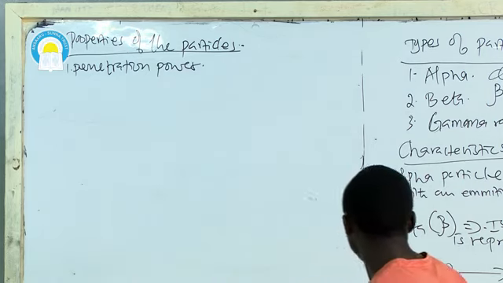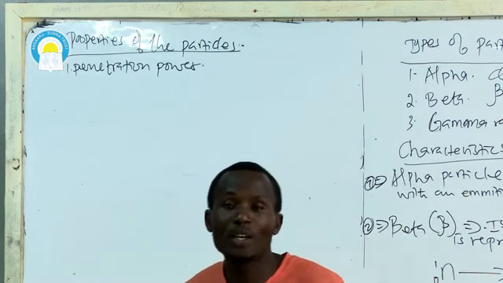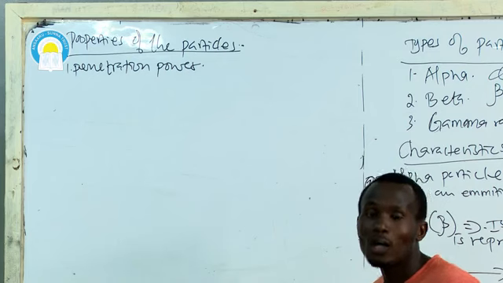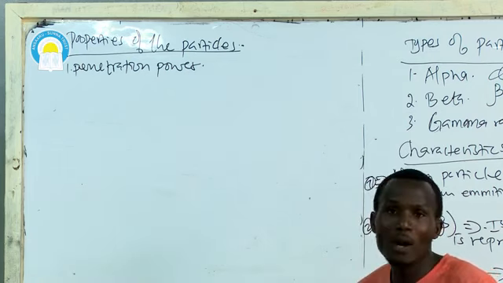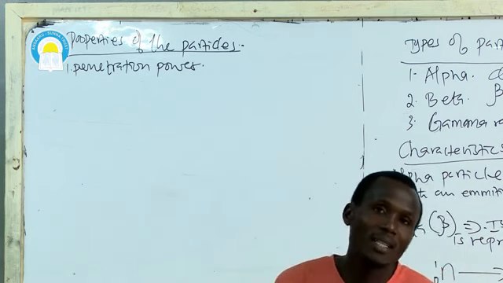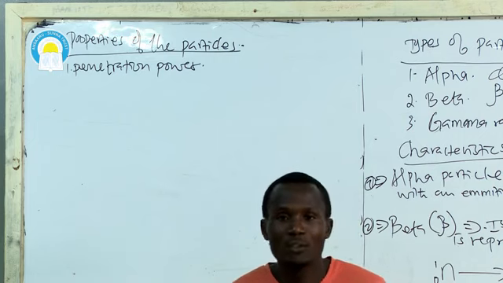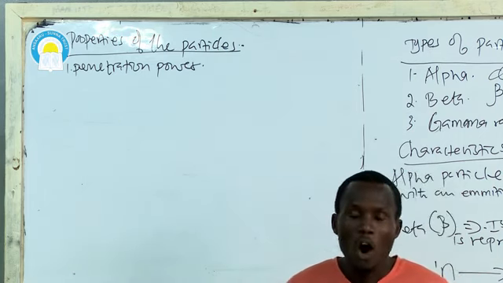Then the second is the beta particle, which has the second penetration power. A beta particle can be stopped by an aluminum foil. I hope you understand what aluminum foil is. It is the one you also find chefs using if you want to keep your food hot.